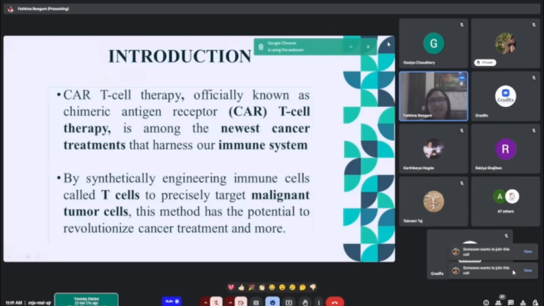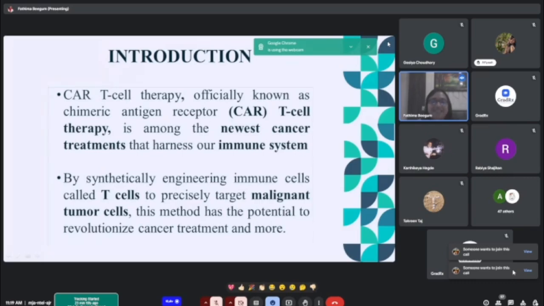The next immunotherapy is T cell engineering therapy, where we use modified T cells. Here the mechanism of action is MHC mediated, the major histocompatibility complex.